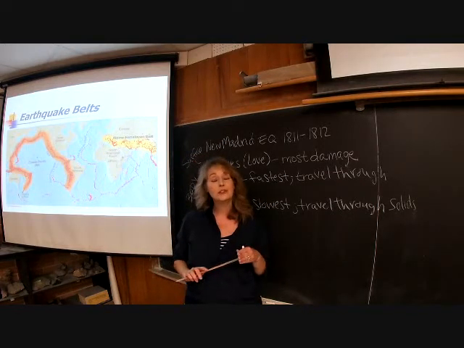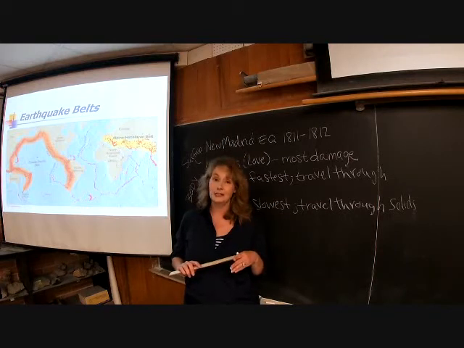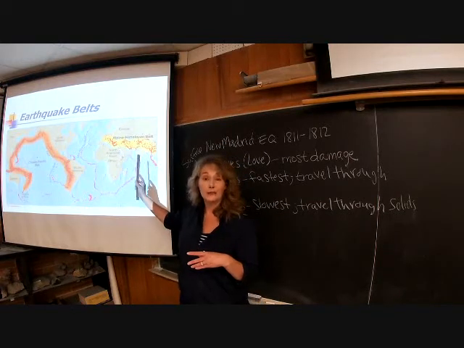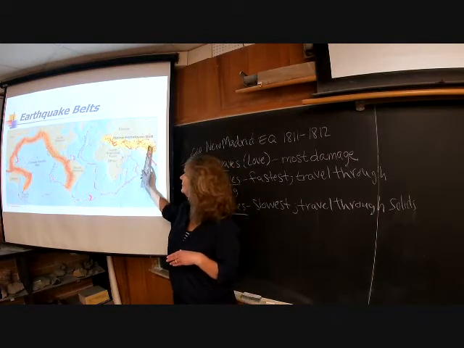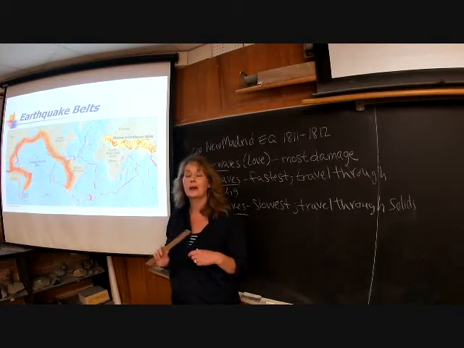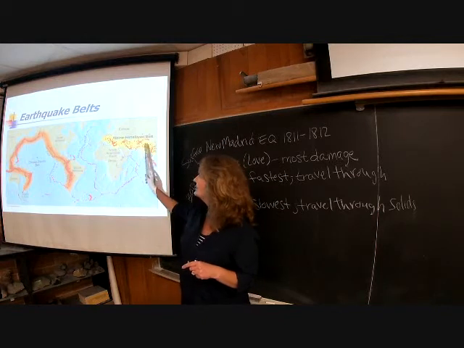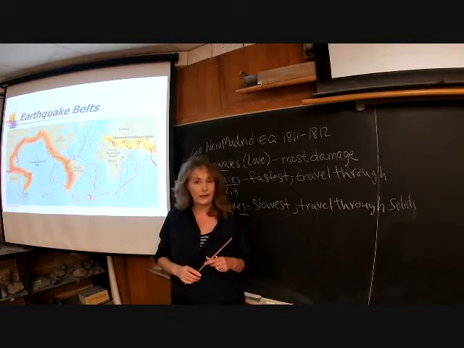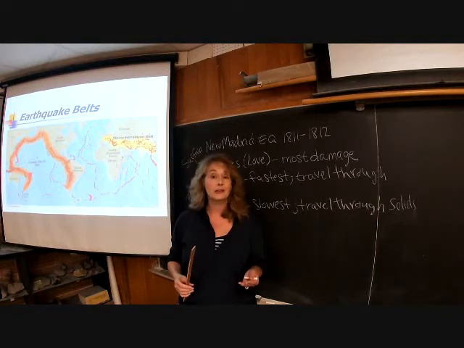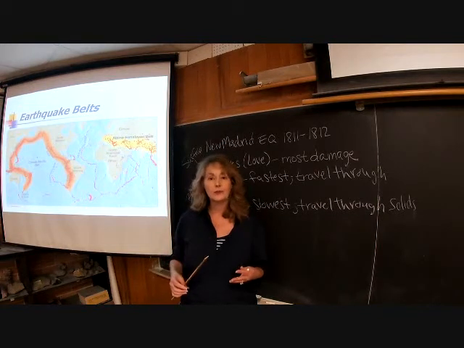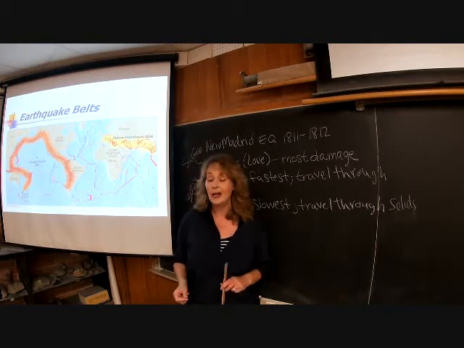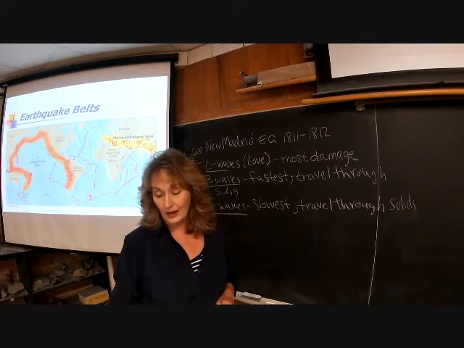Now, remember how I mentioned that we don't get volcanism with continental convergent boundaries, but you do get the earthquakes. So that's another major belt for earthquakes. But plate tectonics is clearly explaining these narrow zones where we see the majority of our earthquake activity.